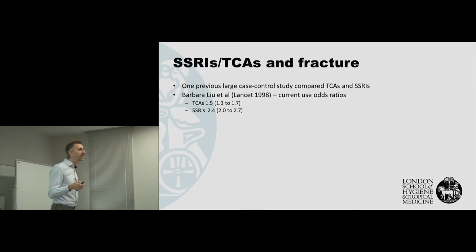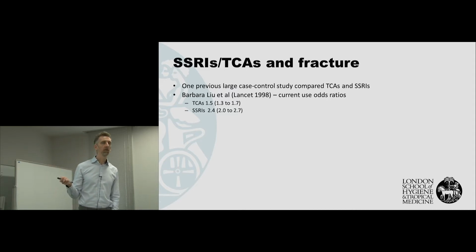Then in 1998, there was a big study, a large case control study published in The Lancet, which looked at this risk of fractures associated with both tricyclics and SSRIs. Now, what happened here was, for the tricyclics, the odds ratio for hip fracture was 1.5.